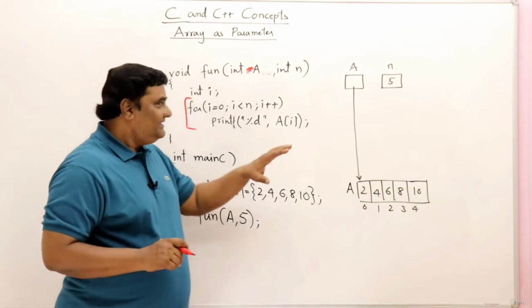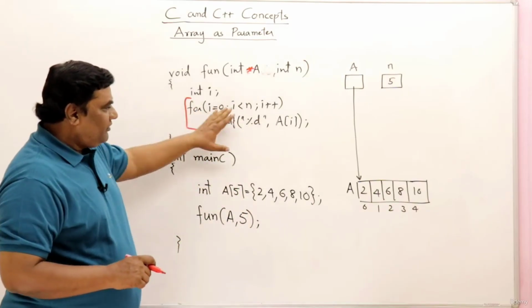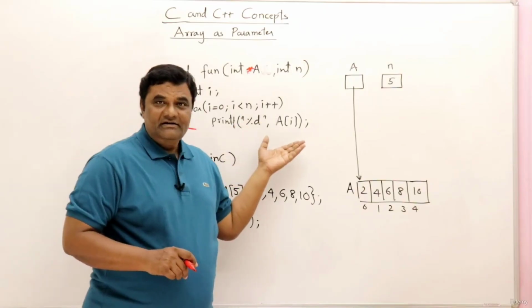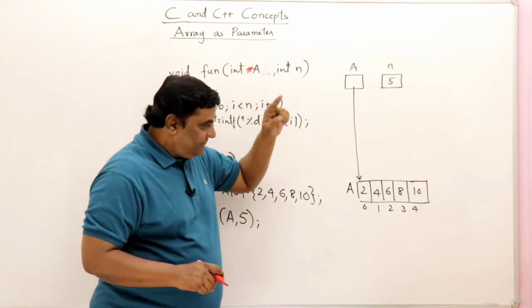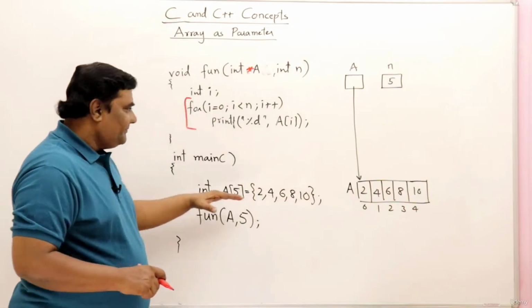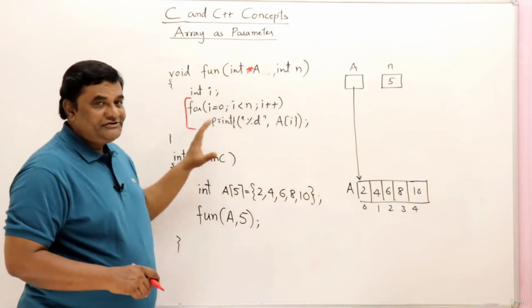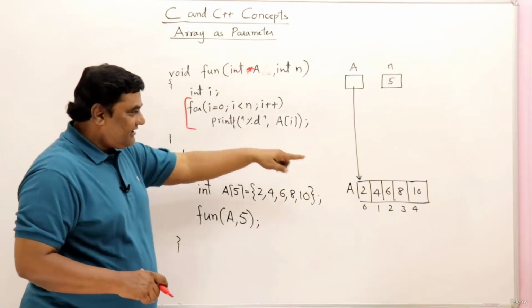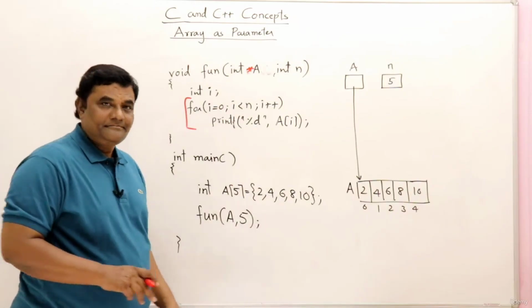Now one more thing. Inside this function, if I want, I can make changes to an array, and it will make changes to the actual parameter, that is the array of main function. So I'll remove this and show you if I make changes how they will reflect in this array.